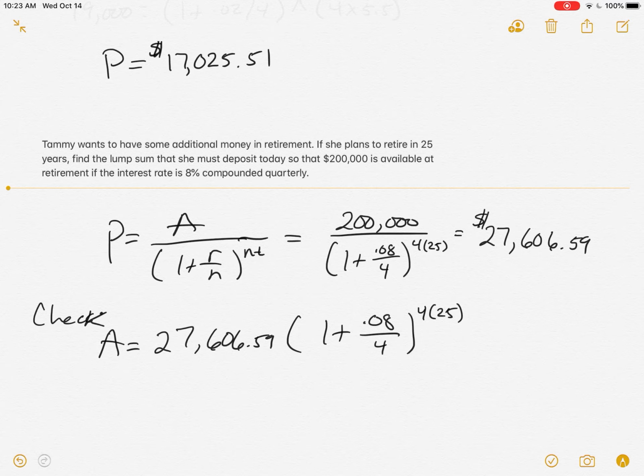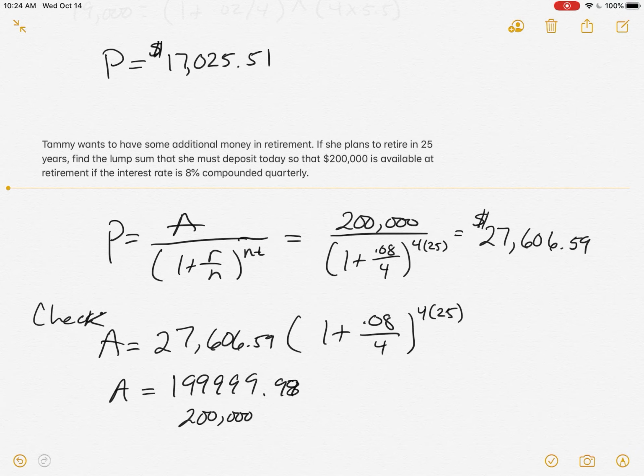This is doing nothing more than seeing if we get 200,000: times 1 plus 0.08 divided by 4 to the 4 times 25, and we do. The accumulated amount in my calculator is 199,999.98. So you can see, it's because we rounded off this 27,000 figure. You can see that we've accumulated really $200,000. You're 2 cents shy of it because of the rounding that took place.